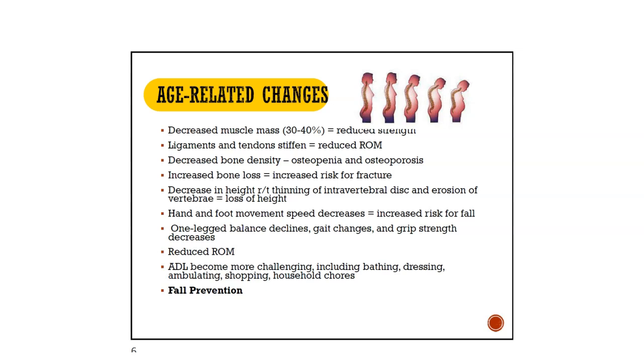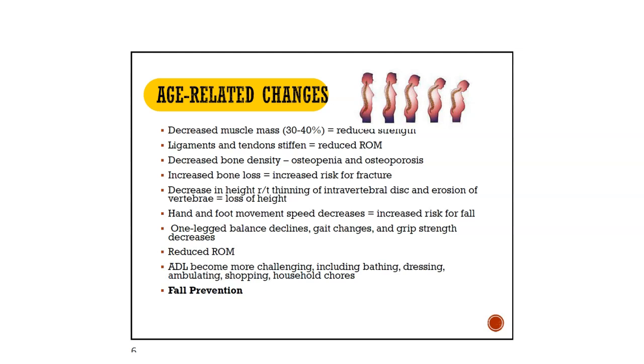You will also notice that as we age, we tend to become shorter. That's the result of the breakdown of our intervertebral discs. Our discs are flattening, causing us to lose height, and it's not just appearing shorter, we're actually shorter.